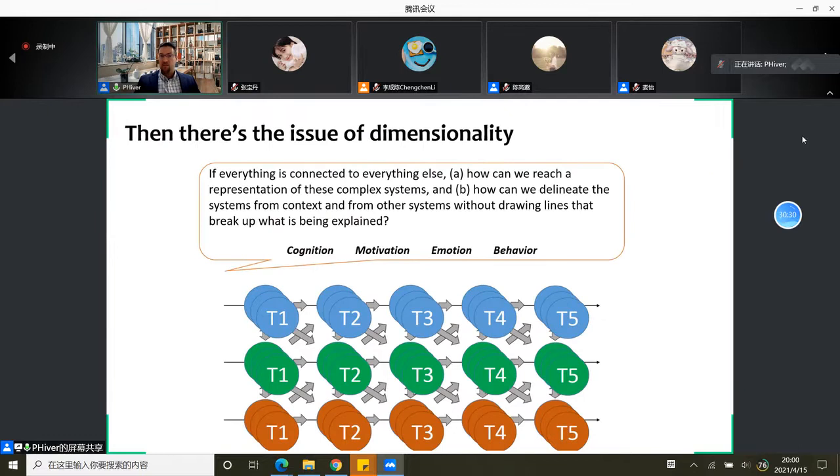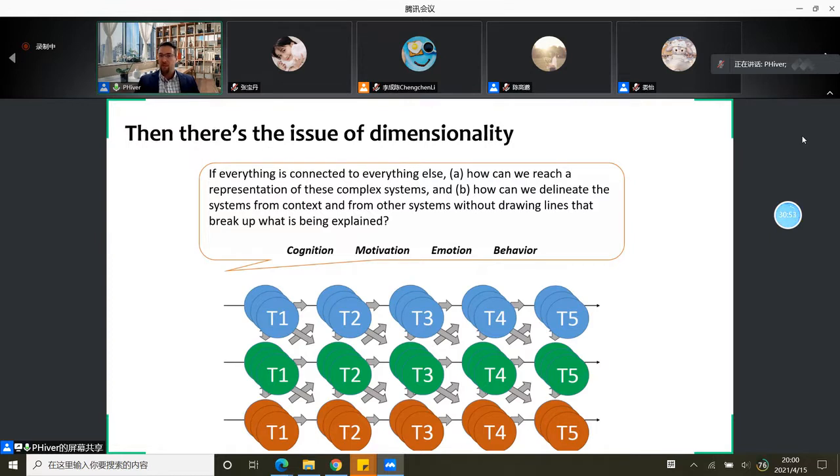And then, of course, there's the issue of dimensions. So when we think that everything is connected to each other, if cognition and motivation and emotion and behavior are part of a human system, this raises what Diane Larsen-Freeman calls the boundary problem. The boundary problem can be summarized this way.